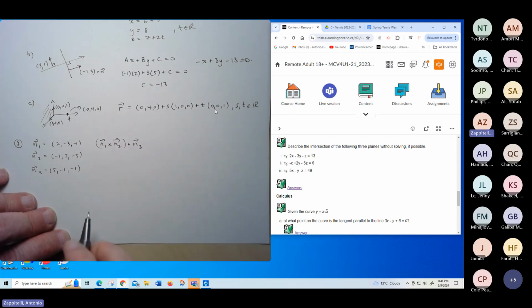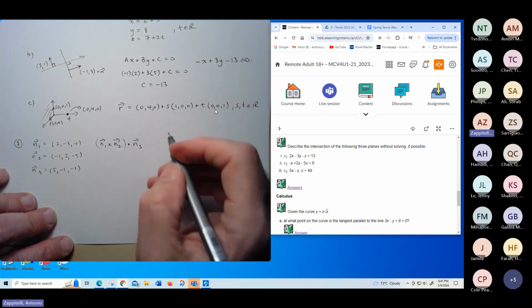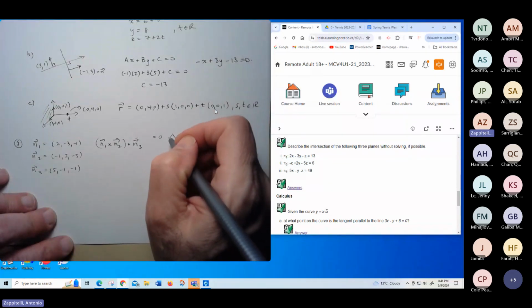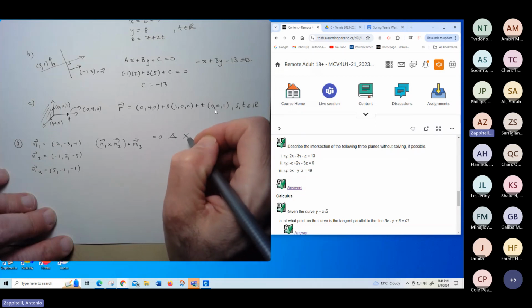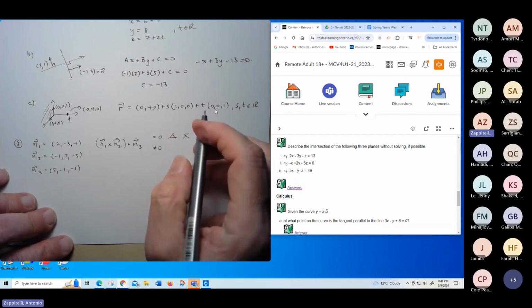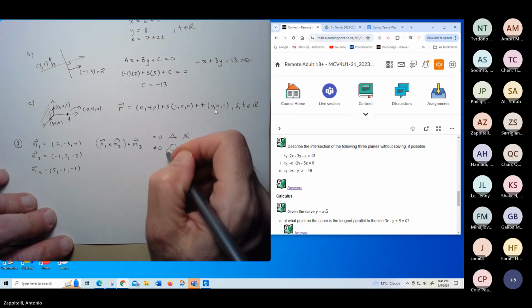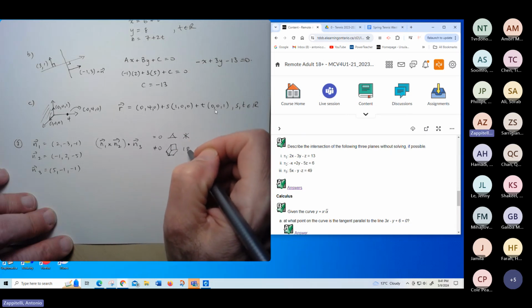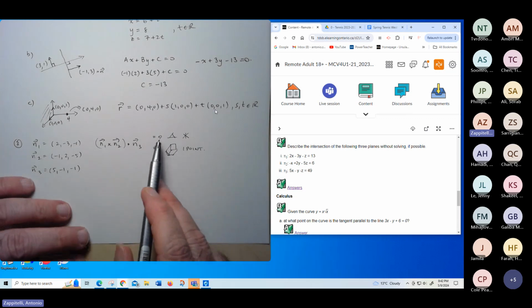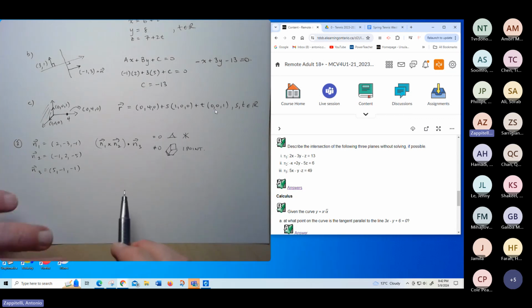Okay, and if this is equal to 0, it's either the triangular prism or intersecting in a line. If it's not equal to 0, then it intersects in a point. So if it's not equal to 0, we can say for certain it intersects in a point. If it's equal to 0, it's one of these two scenarios.